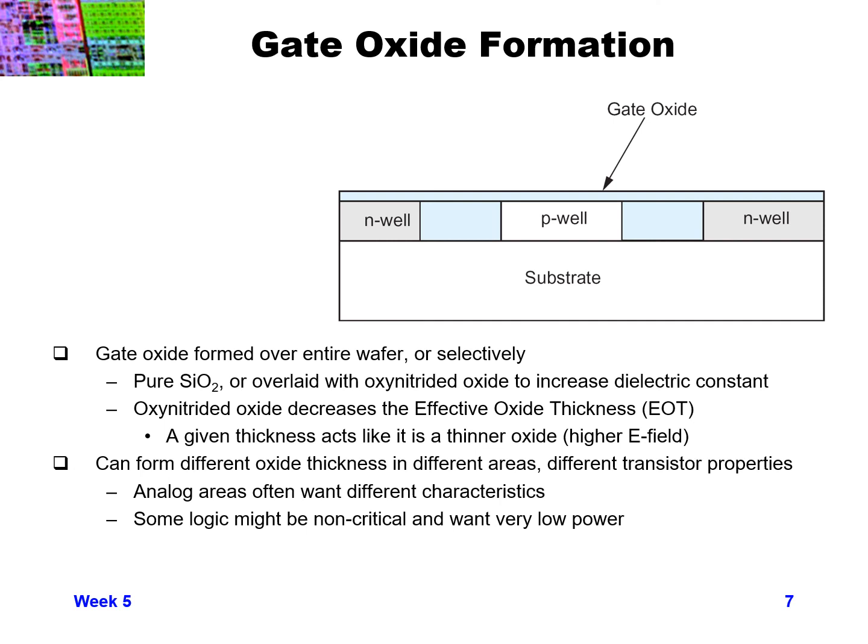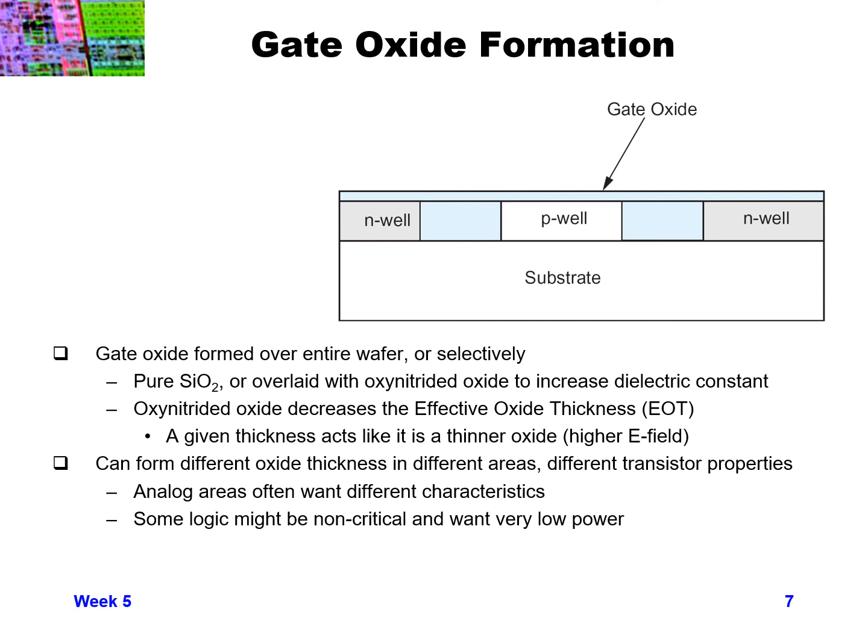But the gate oxide that we form, we can either try to form a really high quality pure silicon dioxide layer, which historically was more common years ago. More recently, you might also have that pure silicon dioxide layer overlaid with an oxynitrided oxide.